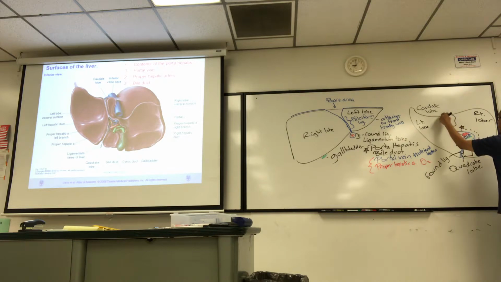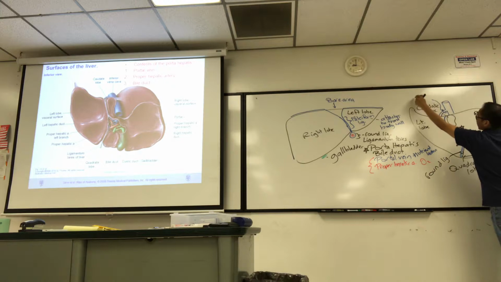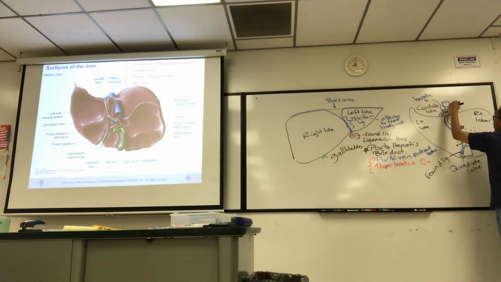So somewhere there's a hepatic vein draining into. So this one would be hepatic vein. And this one would be inferior vena cava.